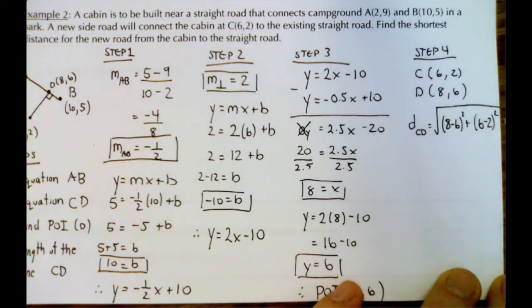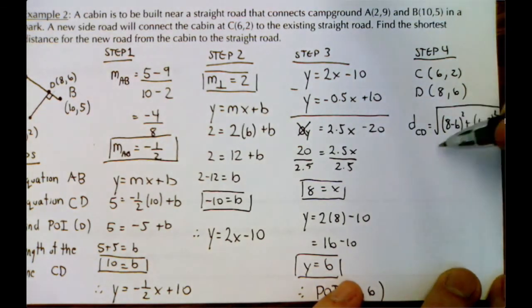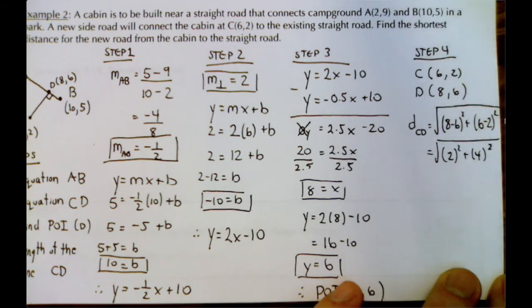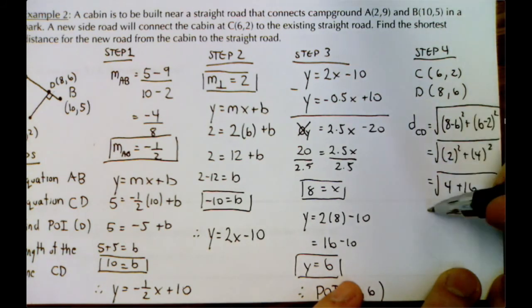So that's our distance formula from the last lesson. Do the subtraction. 8 minus 6 is 2, so it's 2 squared, plus 6 minus 2 is 4, it's 4 squared. A little bit more math, 2 squared is 4, 4 squared is 16. So we end up with the square root of 20.